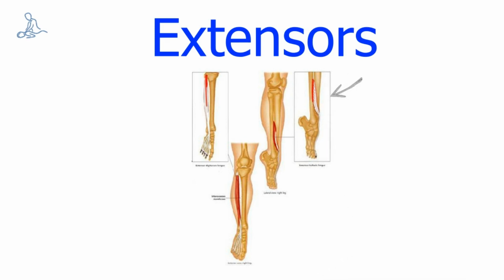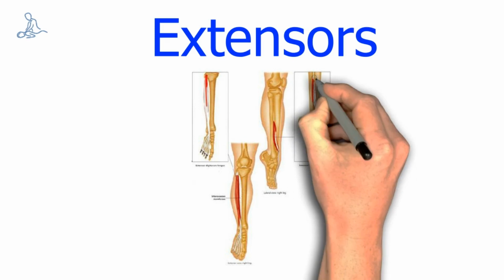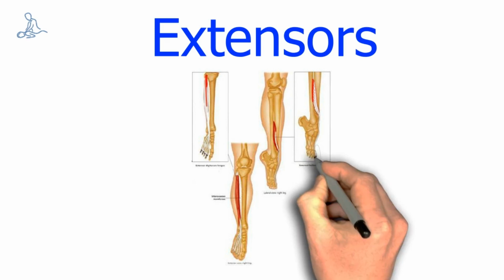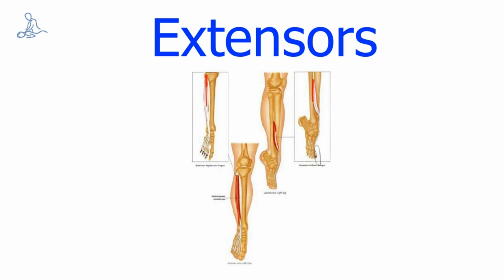Extensor hallucis longus. The origin of the extensor hallucis longus is the middle half of the fibula. The insertion of the extensor hallucis longus is distal phalanx of the big toe.